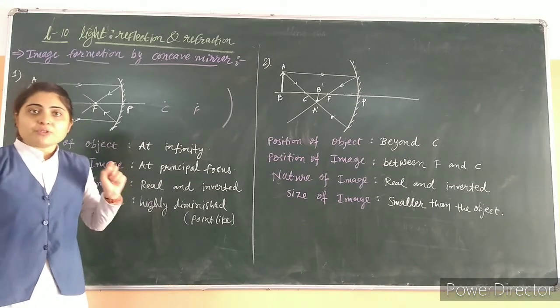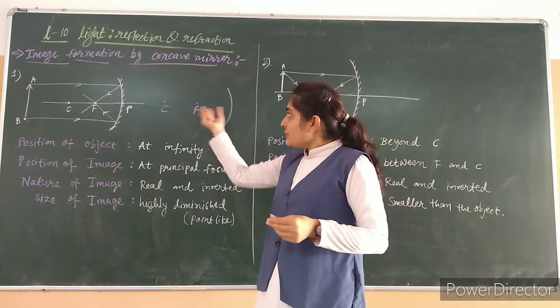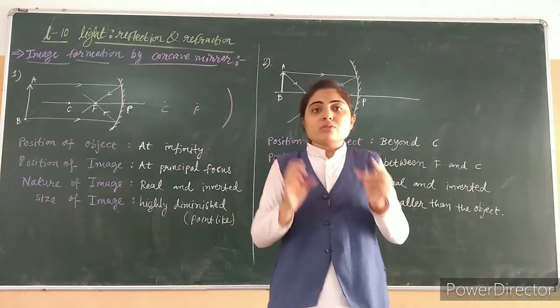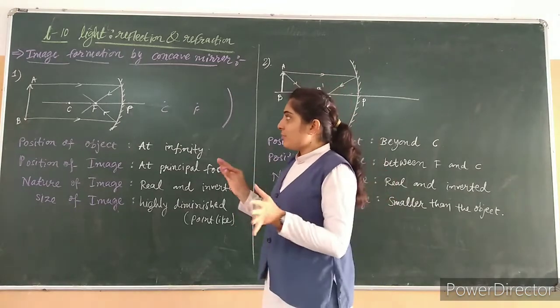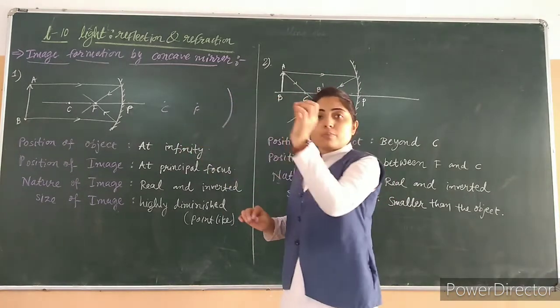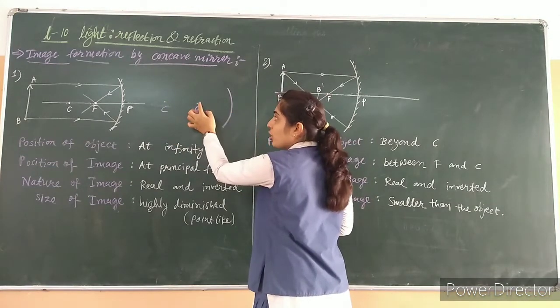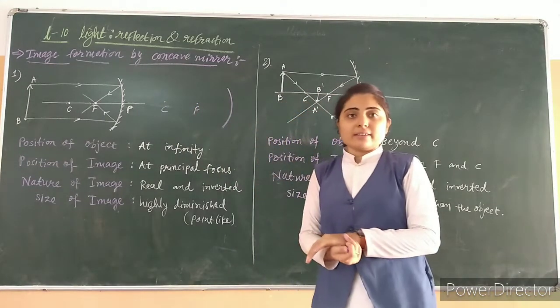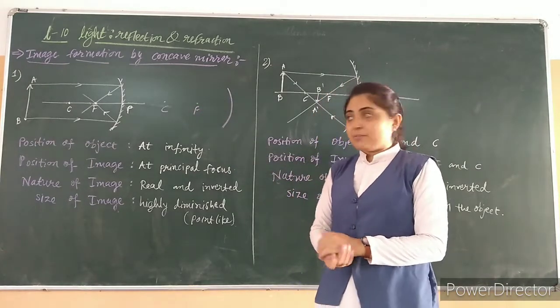If you are not specific with this distance, you will not get the exact image formation. So just remember this: the compass point will be C, and you locate F at half the distance. That will give the exact image formation.